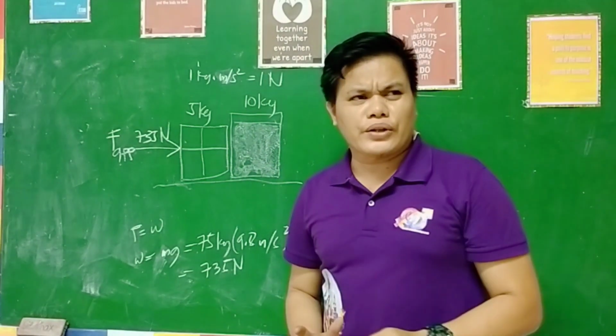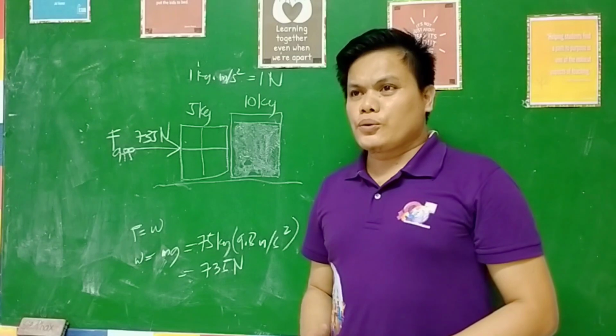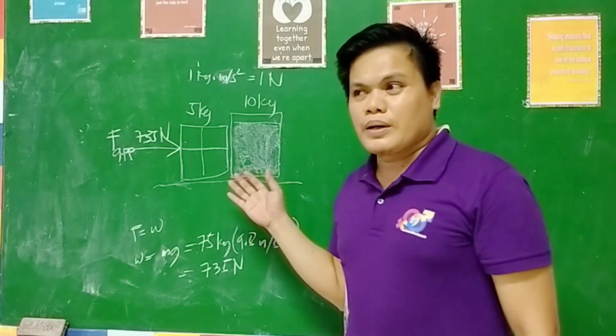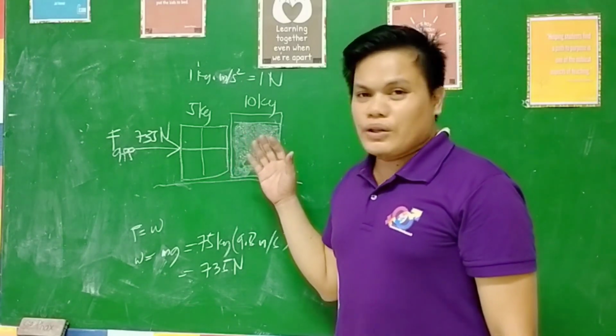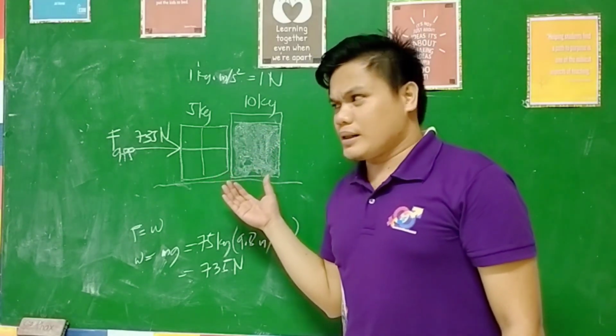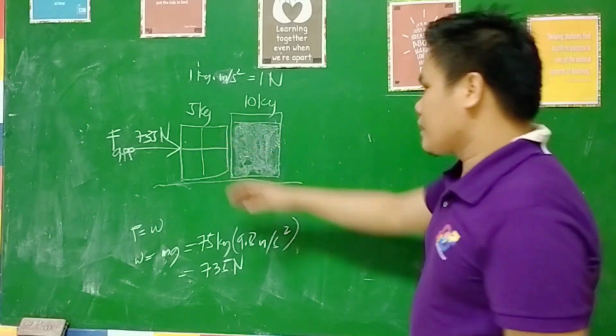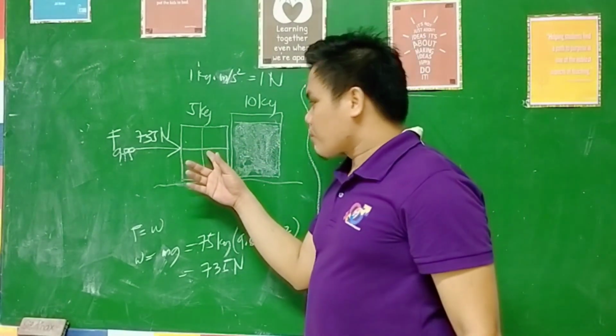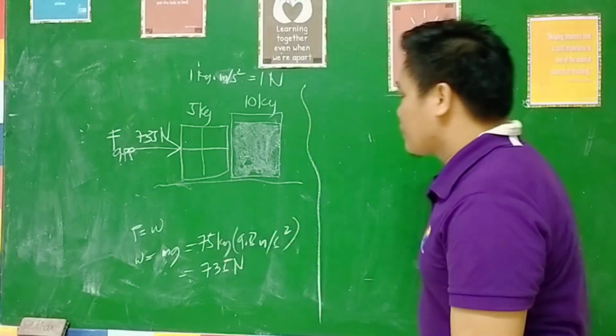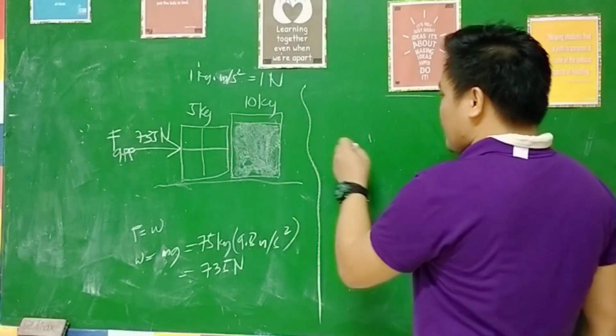Now, for us to know the acceleration, we need to apply system analysis. We will do individual system analysis of these boxes. So let's choose first box 1, which is 5 kilograms.